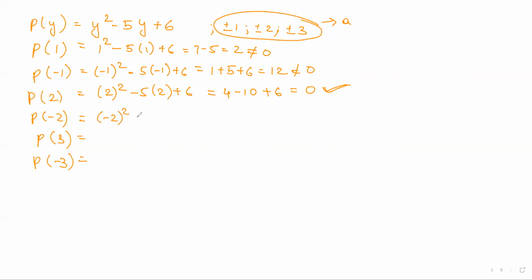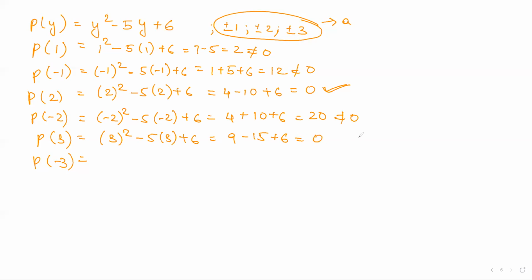Minus 2 whole square minus 5 into minus 2 plus 6 is equal to 4 plus 10 plus 6, which is equal to 20, not equal to 0. 3 square minus 5 into 3 plus 6 is equal to 9 minus 15 plus 6, which is equal to 0.